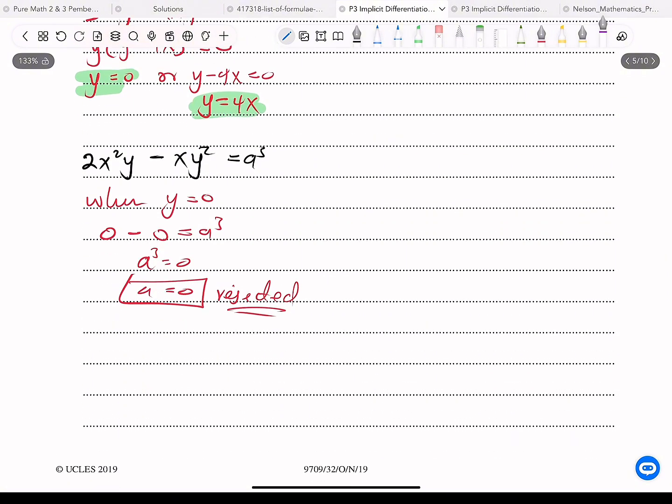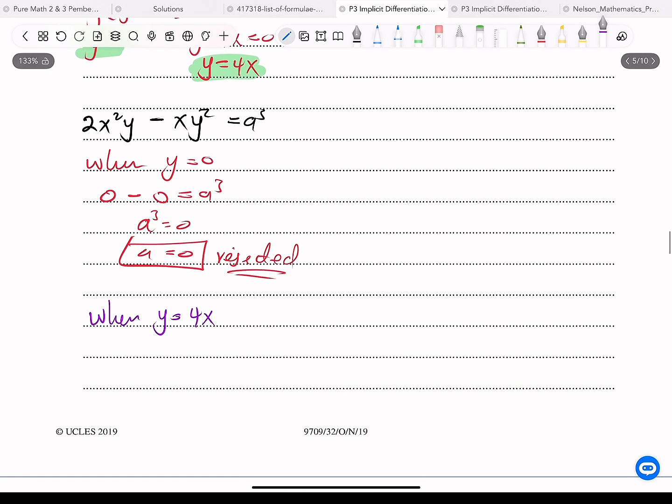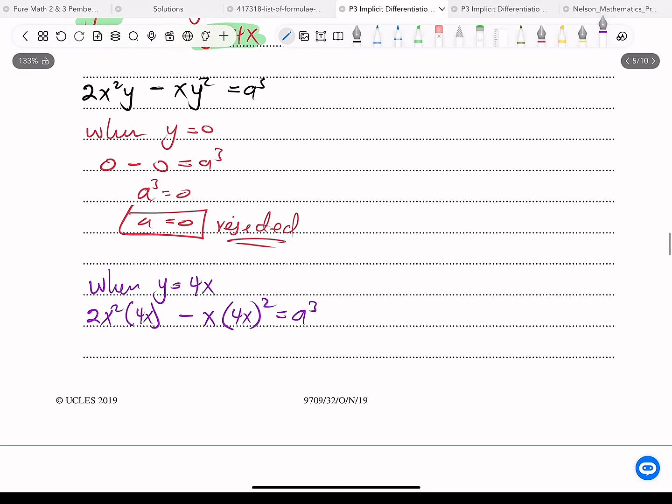So now we are going to work with when y equals 4x. So this will be 2x squared into 4x minus x into 4x all squared equals a to the power 3.